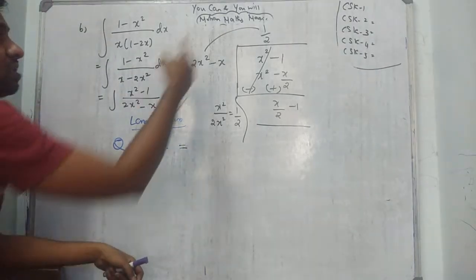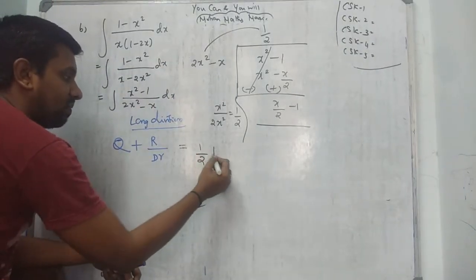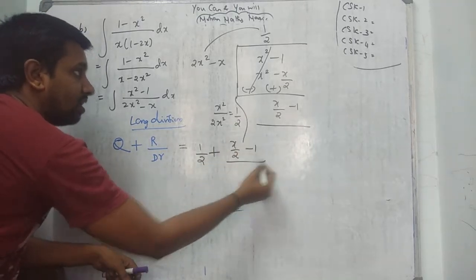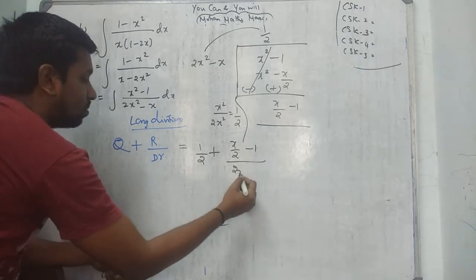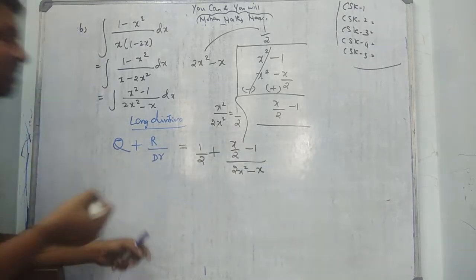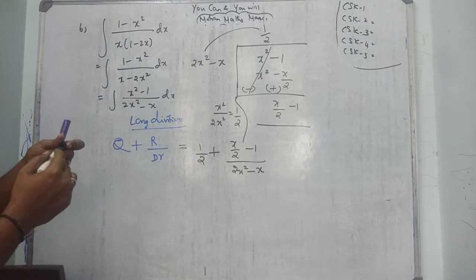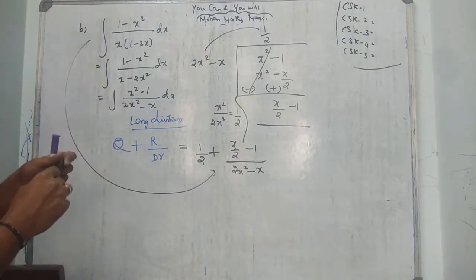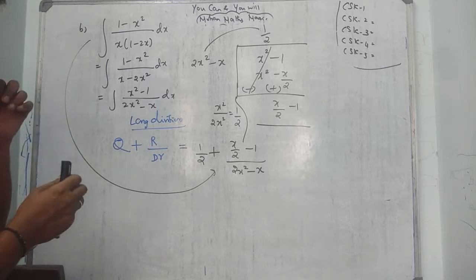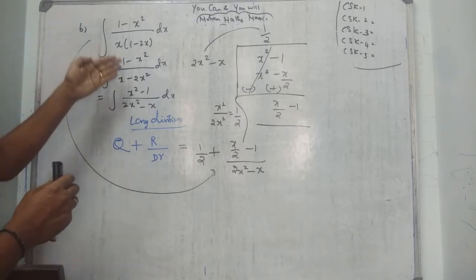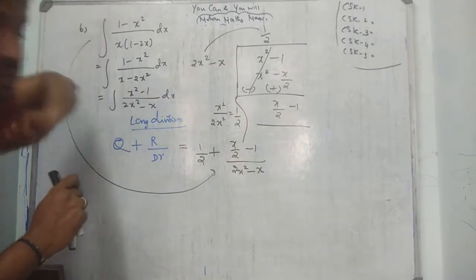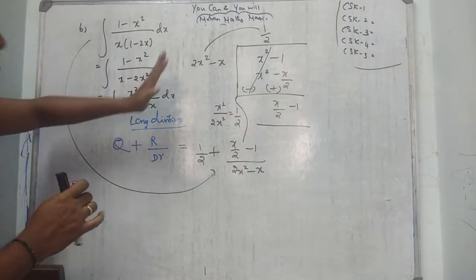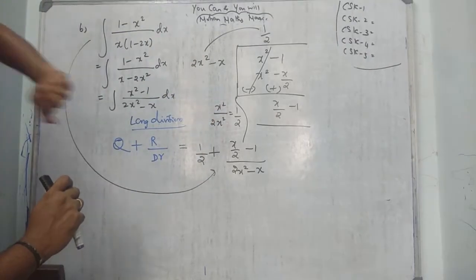Quotient is 1 upon 2 plus remainder x upon 2 minus 1, denominator 2x square minus x. See how the sum is simplified from this step to this step. Why? The numerator power and denominator power are the same. If the numerator power is bigger, then also you have to do the long division method. If the numerator power is smaller compared with the denominator, you have to go with the lambda mu method.